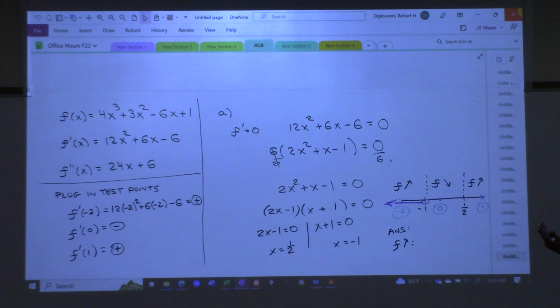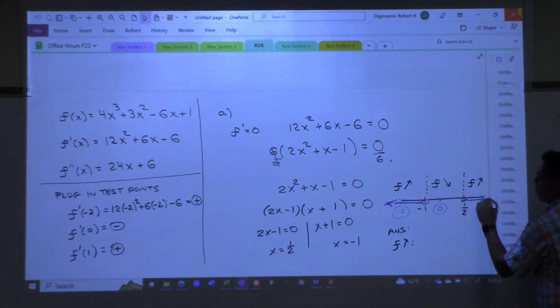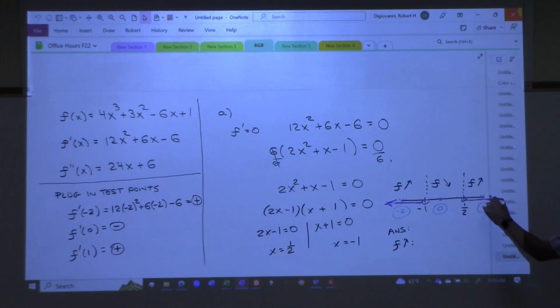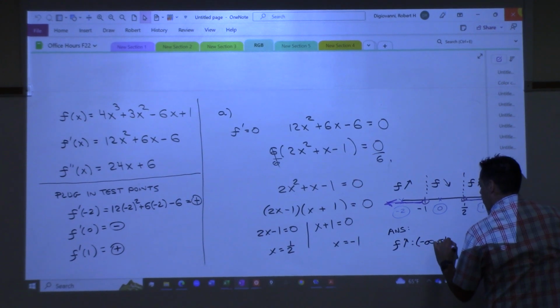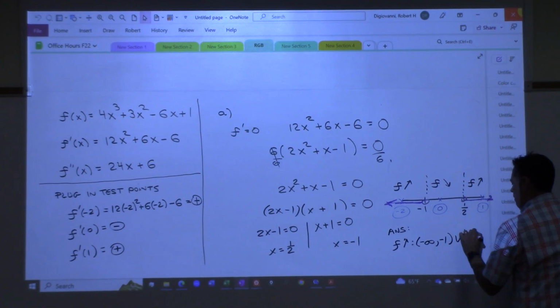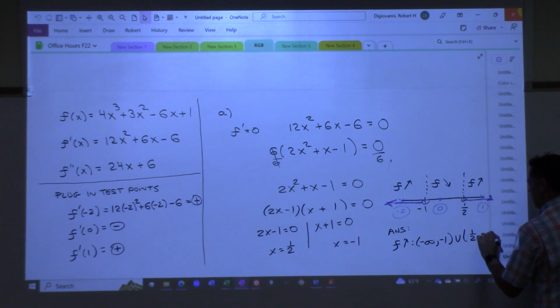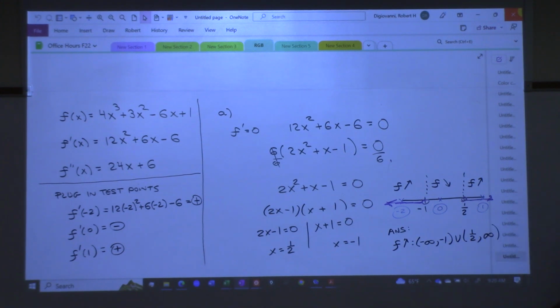Everywhere to the left of -1, we're going up. And also from here over this way, we're going up as well. So the way I write that is -∞ to -1 union from 1/2 to infinity. I'm using interval notation to represent the purple.